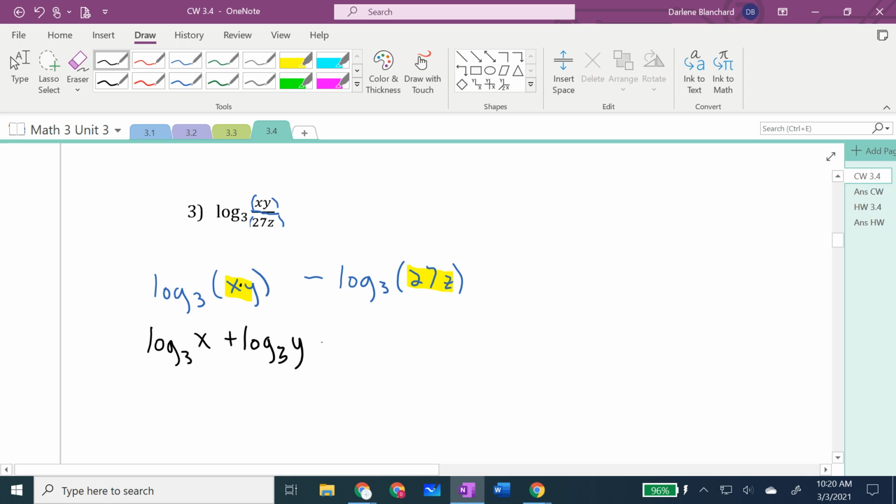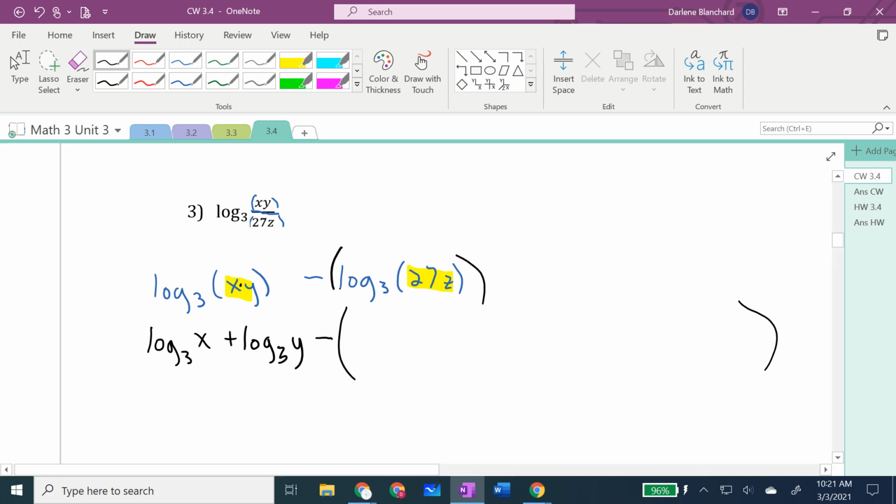But I want to tell you to mind this subtraction sign. We are subtracting whatever comes after that subtraction sign. I'm going to put a big parentheses so that things don't get accidentally messed up.